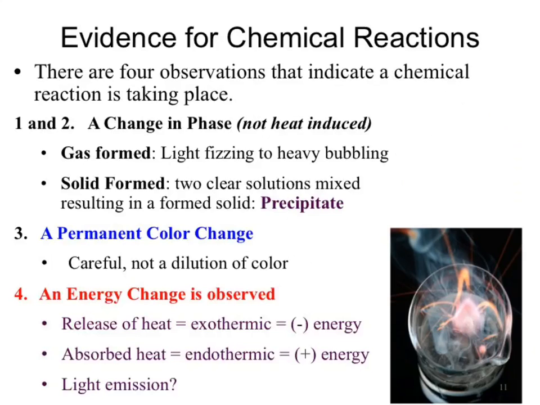Think about combustion. What happens when you combust something? You see a flame. That flame is light energy as well as heat in some cases. So those are going to be your four primary categories for chemical reactions. Questions about any of those?